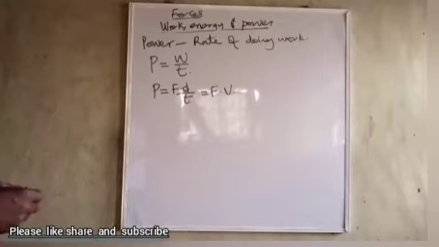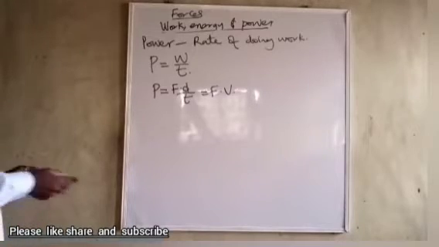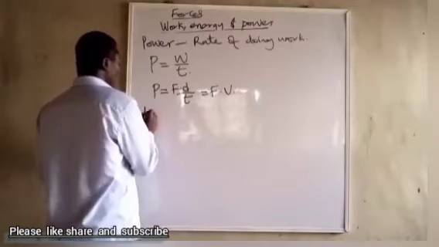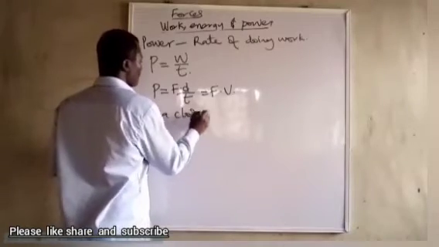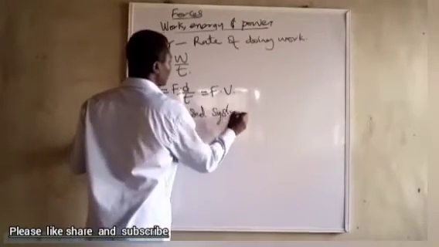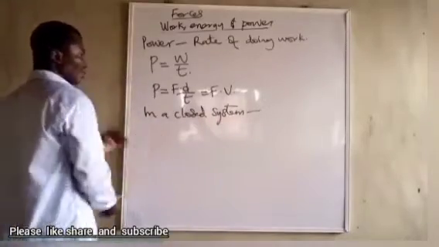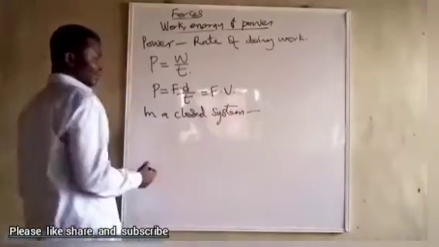Now let's talk about conservation of energy. We know that in a closed system, and what do we mean by closed system? A place where no force is being allowed to come in or to go out. No work is done on it.